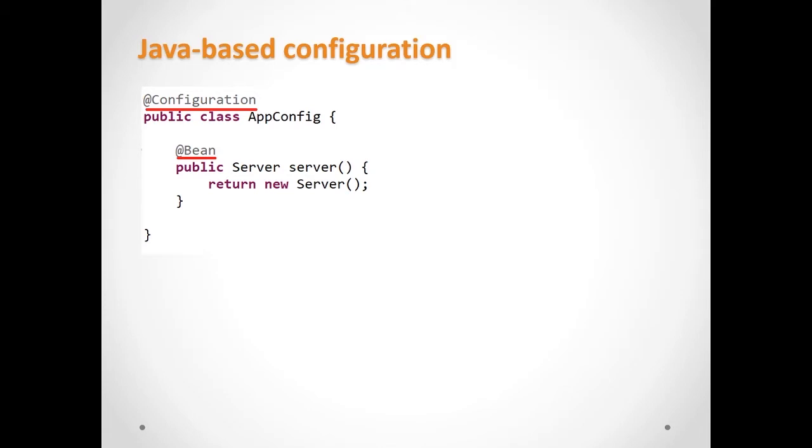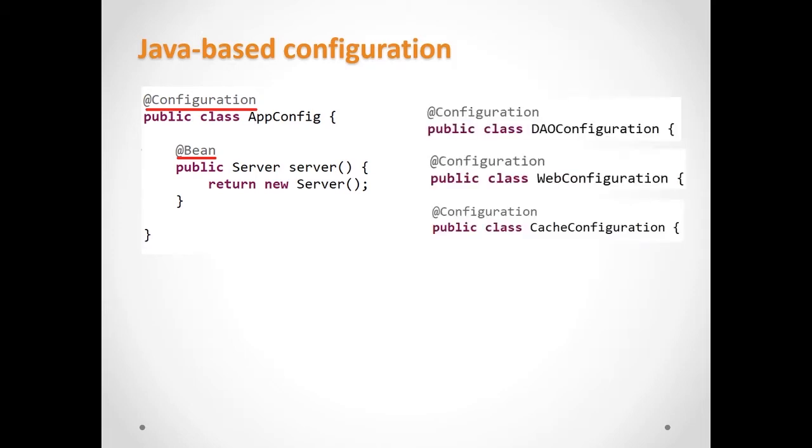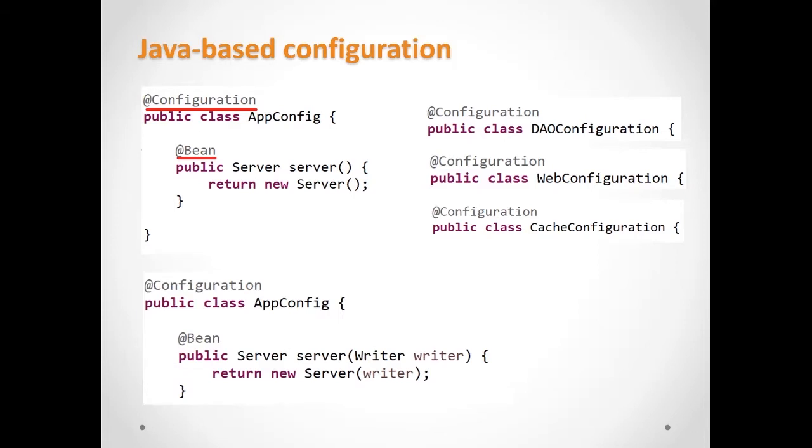Well, first of all, you don't need to modify your source code, your beans, your classes. You put annotations only on configuration classes. That's much better. You can logically group your Spring beans in different configurations, and it allows you to manage them more smoothly. You can autowire your dependencies automatically and put them into your bean methods.